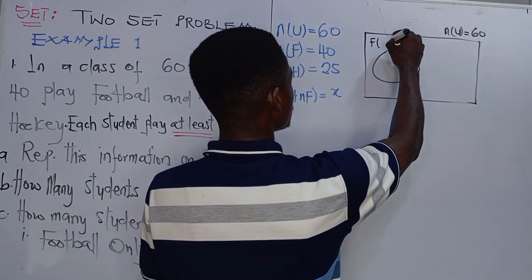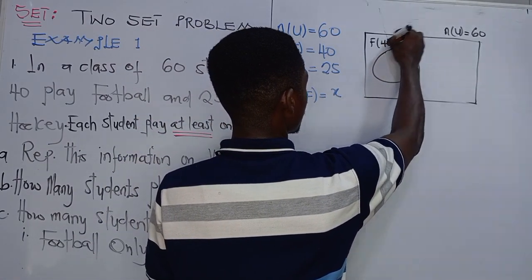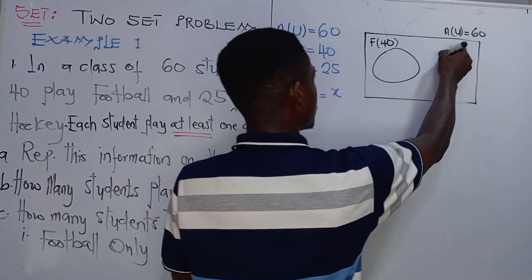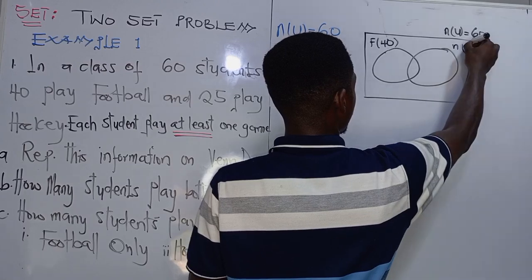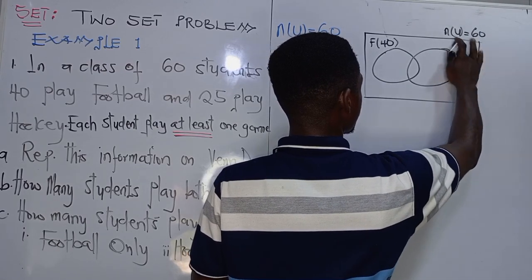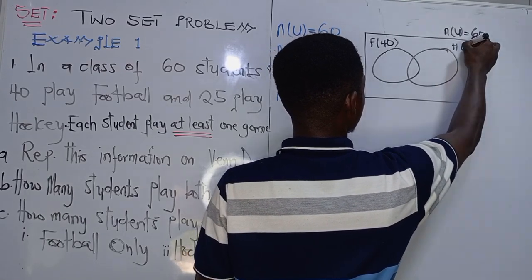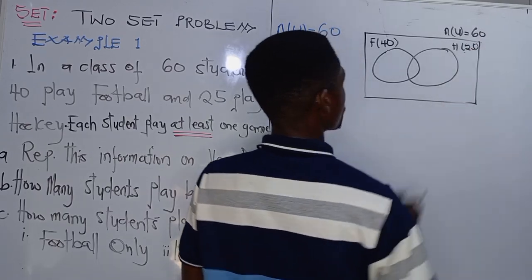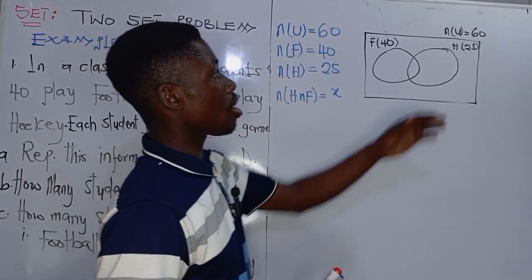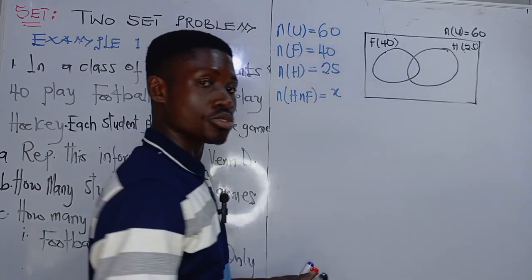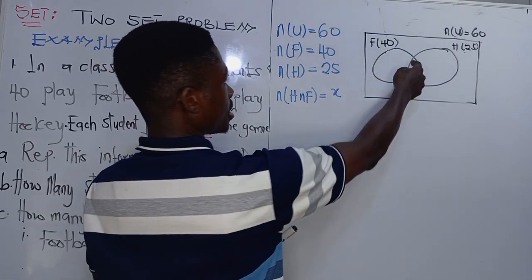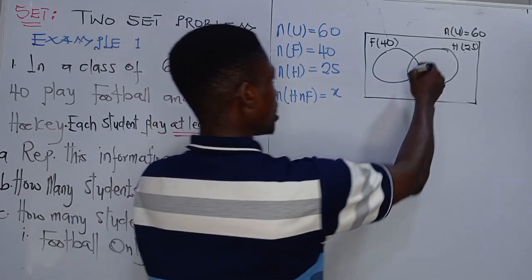So we have football 40. And then this circle represents H. So the number of students who play hockey, we have 25. So the next region that we have to represent again is the intersection. We have X.